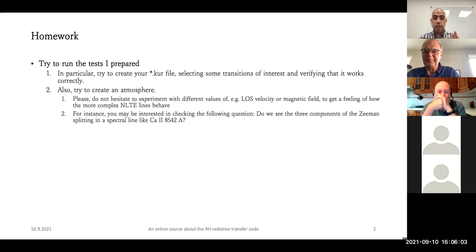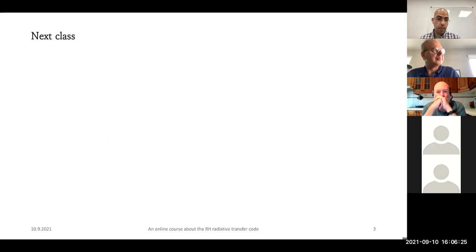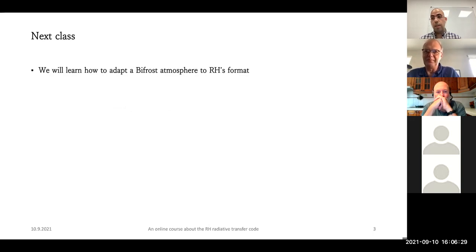Do you see the three components or not? And if not, can you try 10,000 Gauss, and will this make the magnetic field appear? So play with those things, because the lines are different and they behave a bit differently. Getting some intuition by just playing with the atmosphere is very helpful in the future, mainly when you are inverting the profiles.